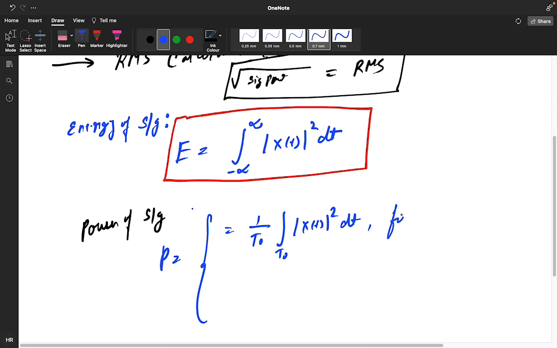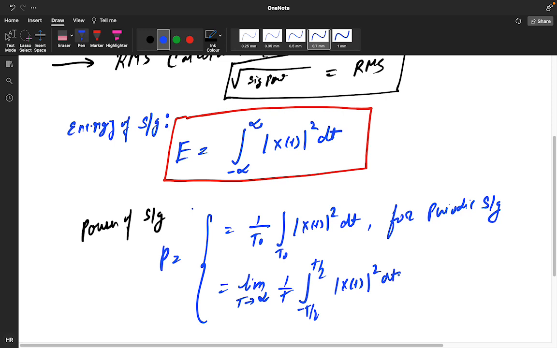This is valid for periodic signal. Only you are getting division by time period. And what about the other formula? That is t tends to infinity for non-periodic. 1 upon t, from minus t by 2 to t by 2, mod of x of t the whole square into dt, for non-periodic signal.